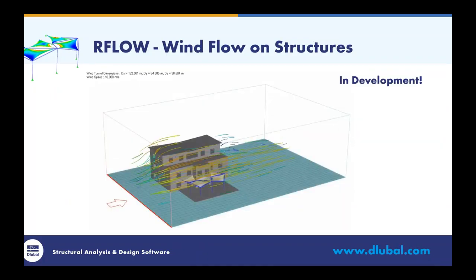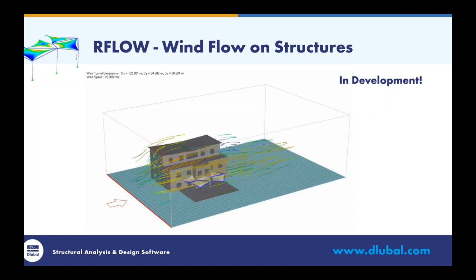This is going to be a standalone program called RFlow. What RFlow will eventually allow us to do is to simulate wind flow around structures. So what this will help us do is to understand wind effects on specialty structures where there's really no clear approach within the various standards.